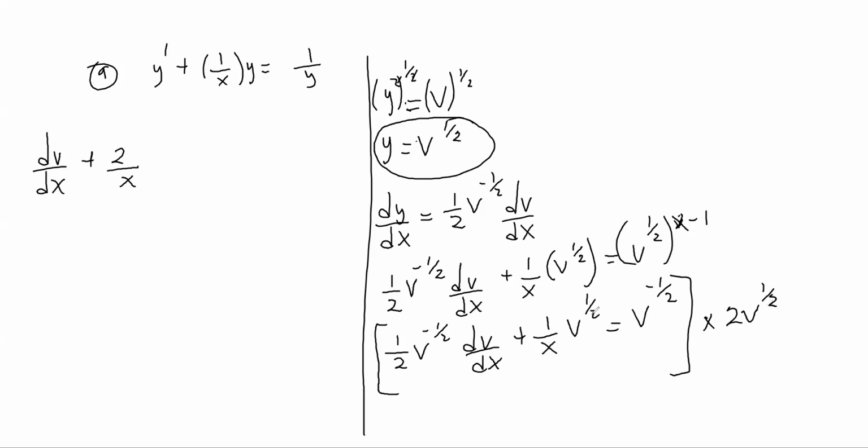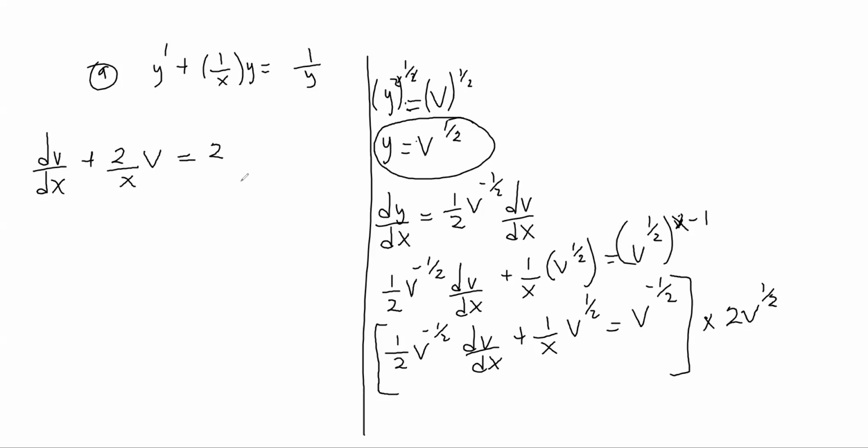In most cases, the second term will always be v. So here I will have v only will be equal to, now 2 times this is 2. What happens if I multiply this and this? I simplify and this goes to 0, v raised to the 0 is 1. So now you can see that this equation is in a linear form.